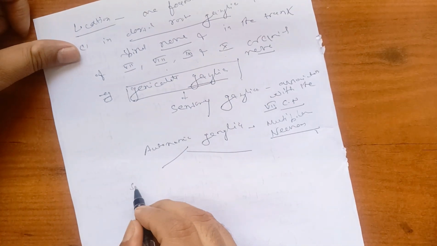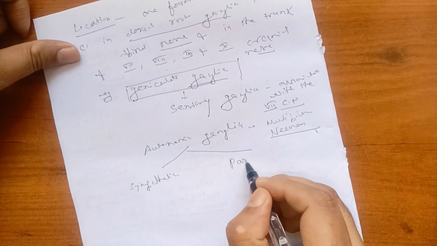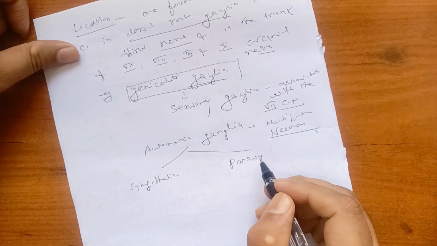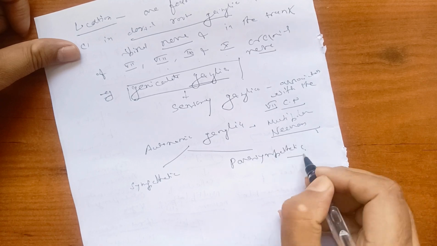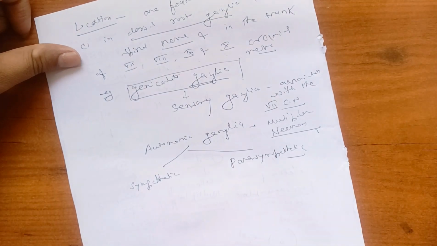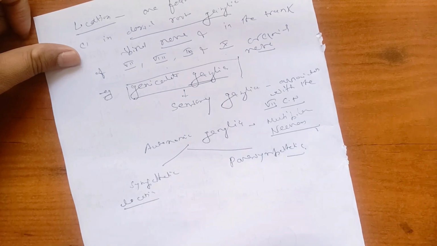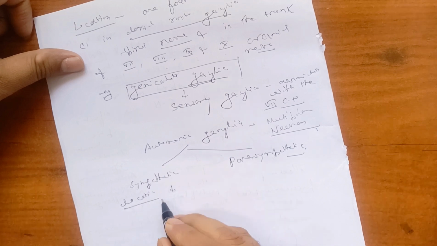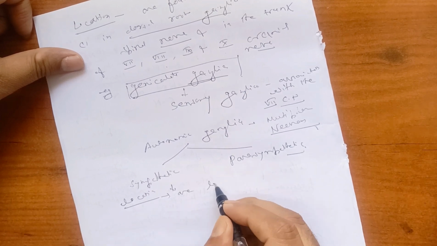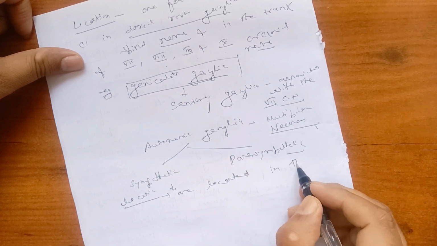One is the sympathetic and second is the parasympathetic. Now, what are the locations? The sympathetic ganglia are located in the sympathetic trunk.